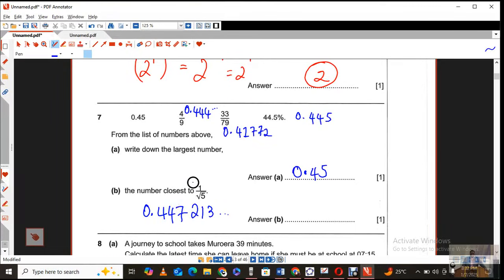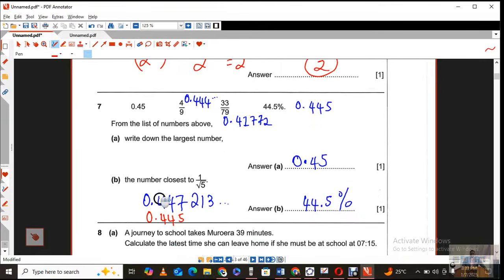Now, if you do the comparison, 0.447, you have got 0.444, then this is the 5 here. So of course, 44.5% will be closer, because 44.5% is 0.445. So this one is just bigger by 2 thousandths. So basically, it's very close to that one. Okay, so that would be your answer there.